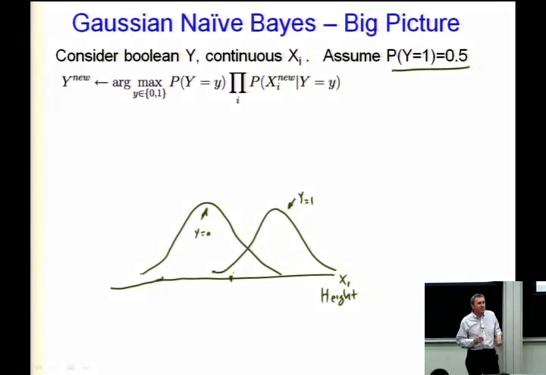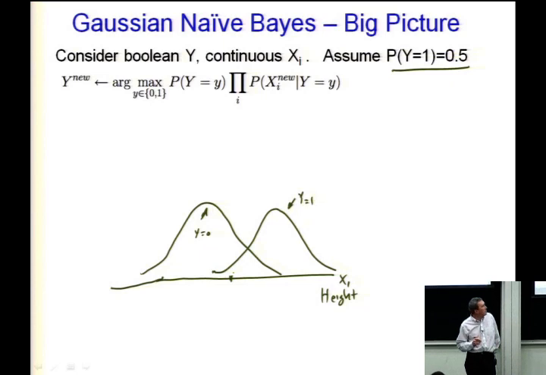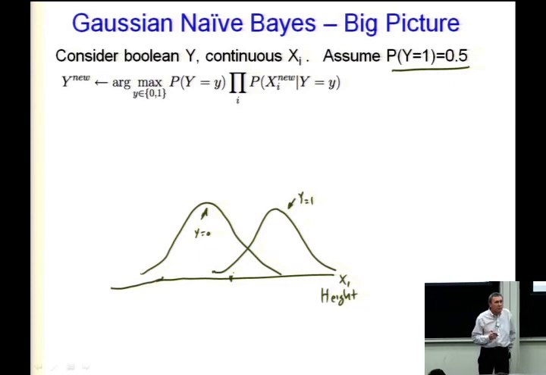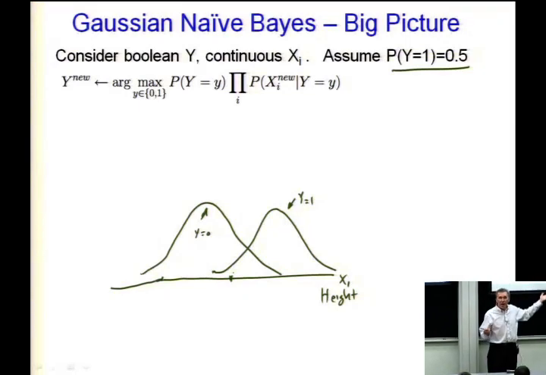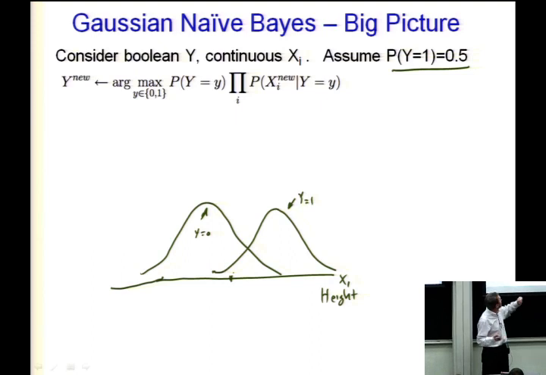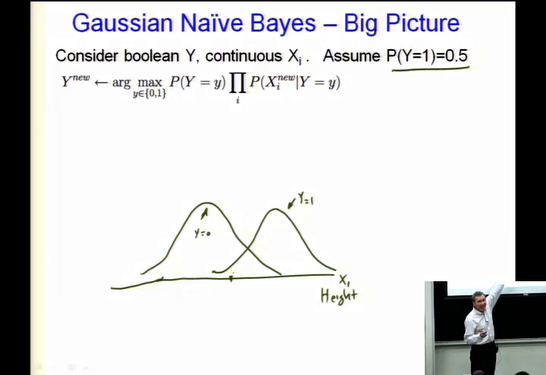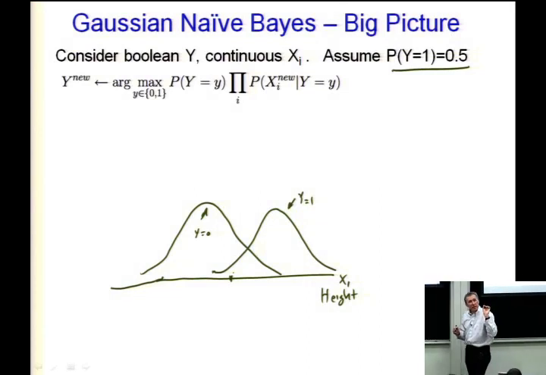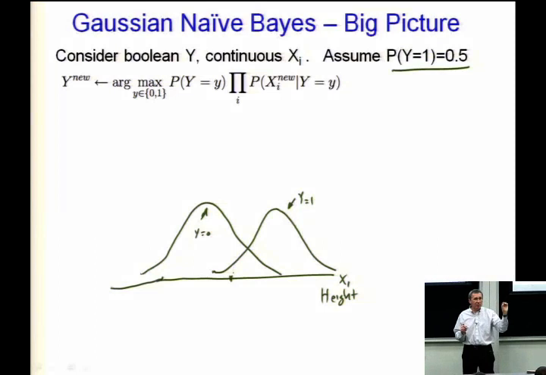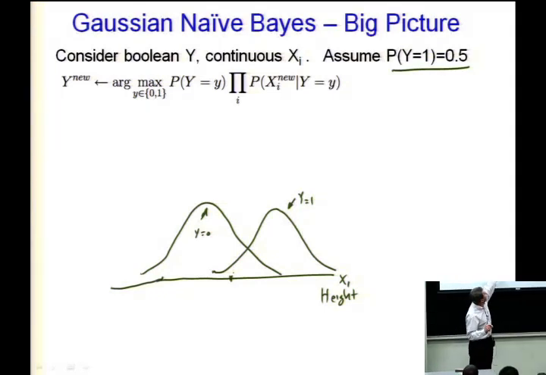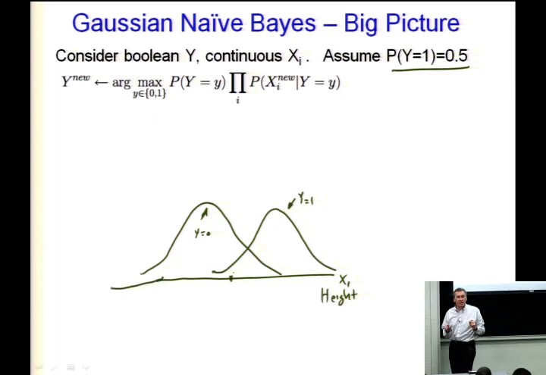Yes? It's a continuous x sub i. Why is it the product of that? The question is, why is it just the product and not the integral? The answer is, my new student has exactly this height, and so what I'm interested in is the probability that this person is a basketball player given that their height equals exactly 5 feet 10 inches.